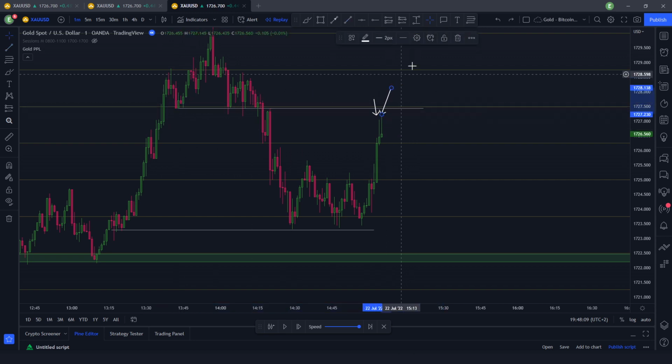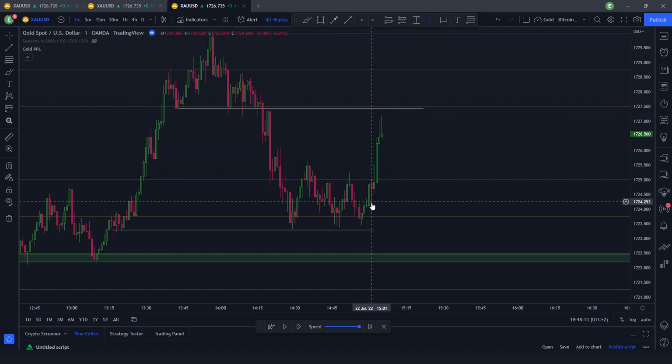But these wicks are showing you weakness, showing you that this might have been only the pullback of the new 4-hour candle. And now you can either wait for some action here, or if you see that the price is breaking below these previous lows, there's a high chance that the price will give you a scalp on the sell side.